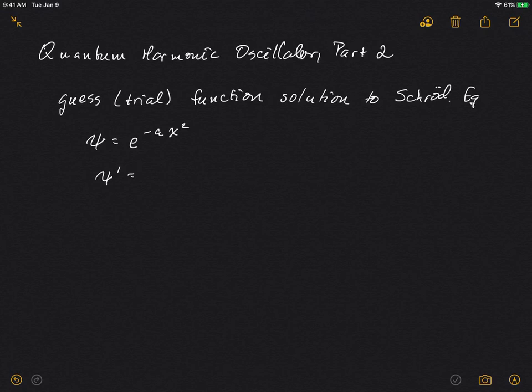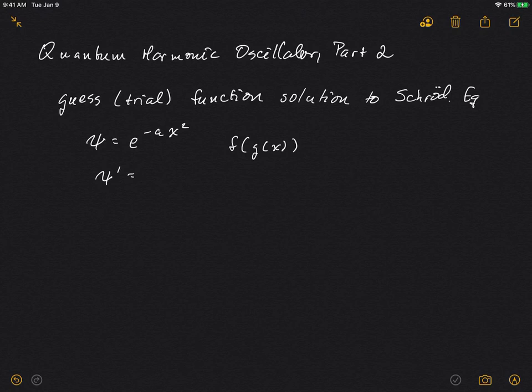Basically, if you have a function f of g of x, some sort of composite function, where you have some function of x inside of another function, and that's what this is, right? You have an exponential, that's a function of x. But then the argument inside that exponential, instead of just being x, is a function of x, it's a x squared.